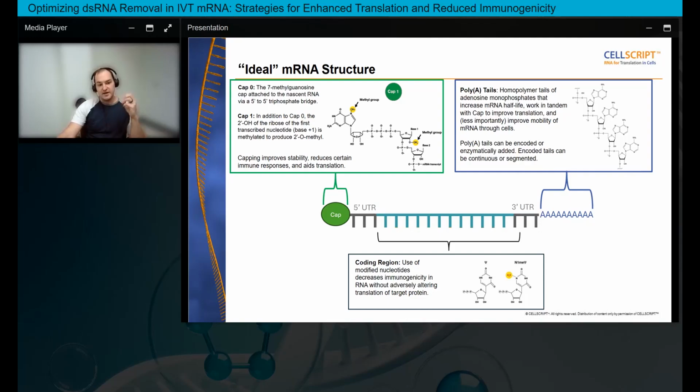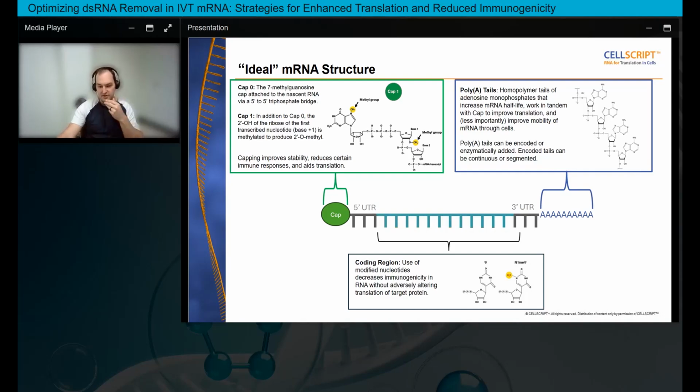So back to basics is the ideal mRNA structure that everybody wants out of every single reaction, which is fairly straightforward. Everyone's looking for, in terms of mRNA production, a cap structure, preferably cap 1, where you have your 7-methylguanosine of 5-to-5 triphosphate bridge, and then a base +1 with a 2'-O-methyl, with some variation, but it's really the meat of mRNA.